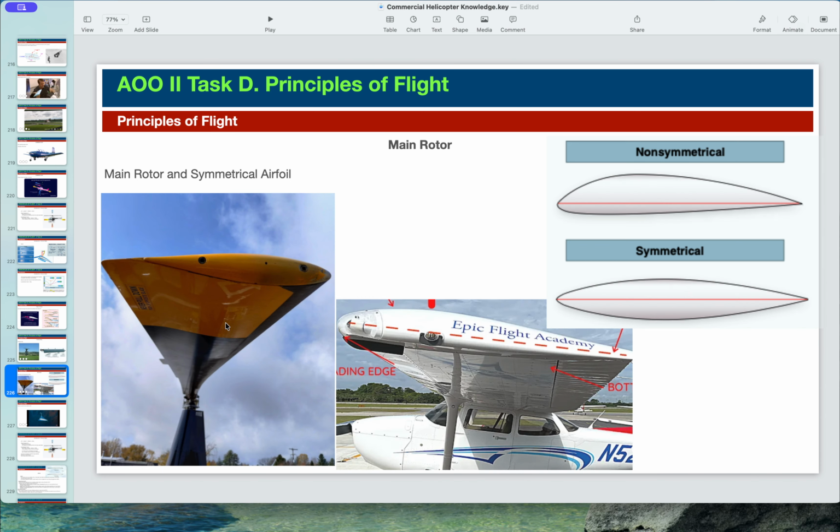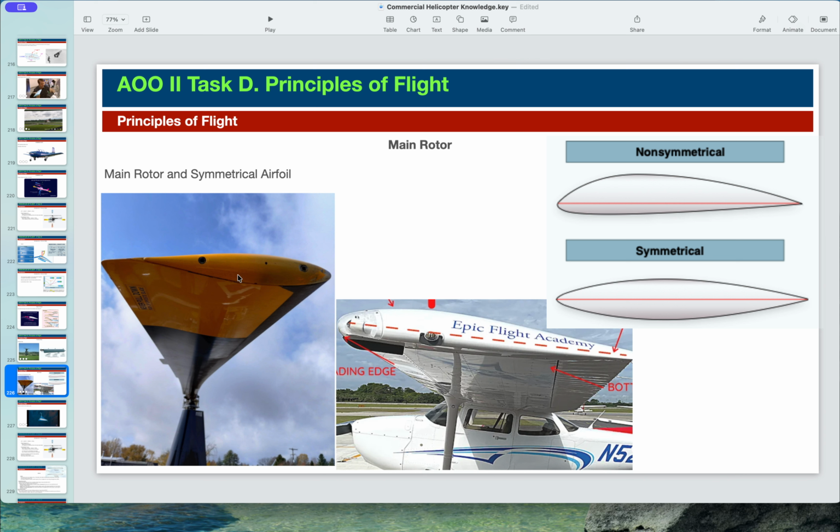So, do you notice anything different between the main rotor wing of a helicopter and the main wing of a Cessna? The big difference is we have two different types of airfoils. It's the same concept, they're both airfoils, but one is non-symmetrical and one is symmetrical.